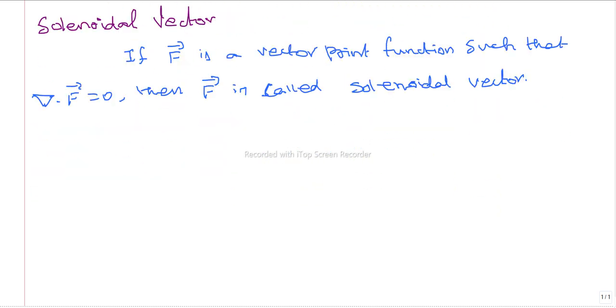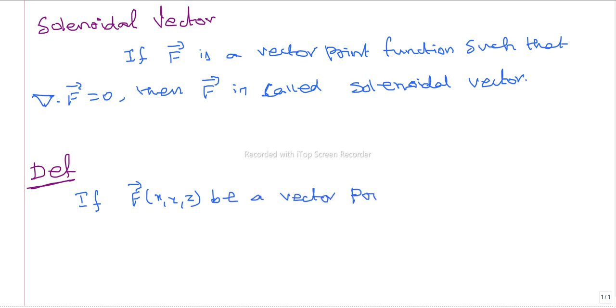Now the next definition, curl of a vector point function. Suppose you have a vector point function f, then what is the curl? If f vector of x, y, z is a vector point function, and it is differentiable. Okay, without being differentiable we cannot say. So it is a differentiable function also.